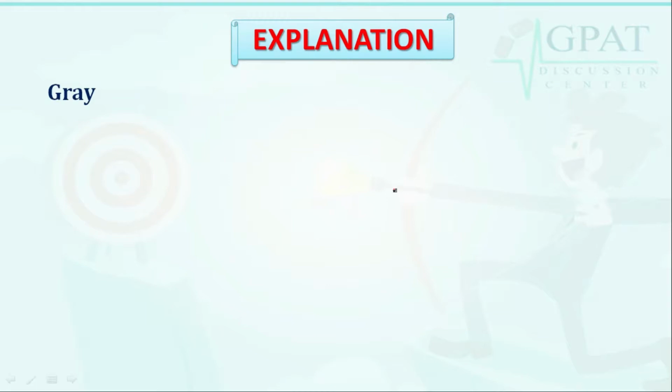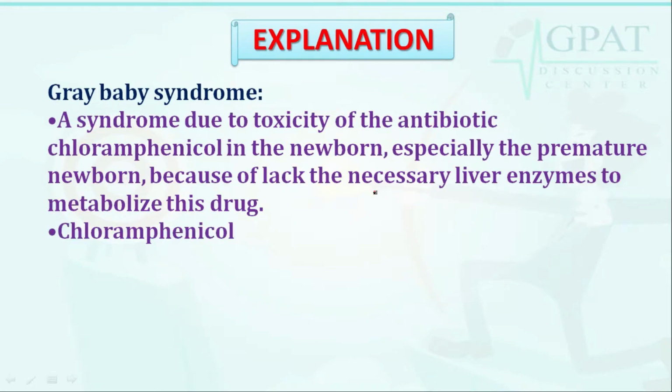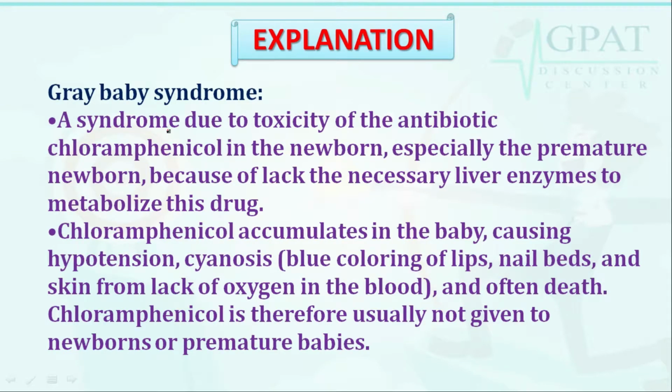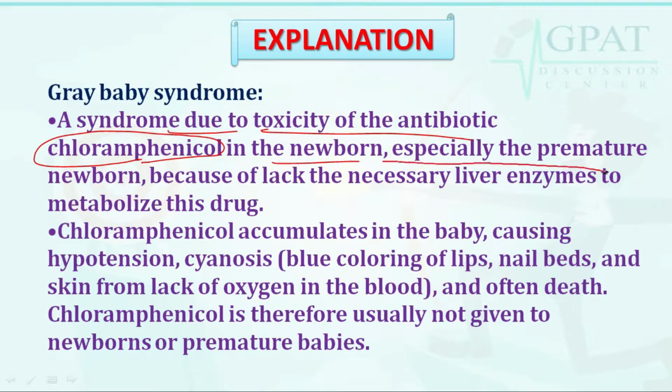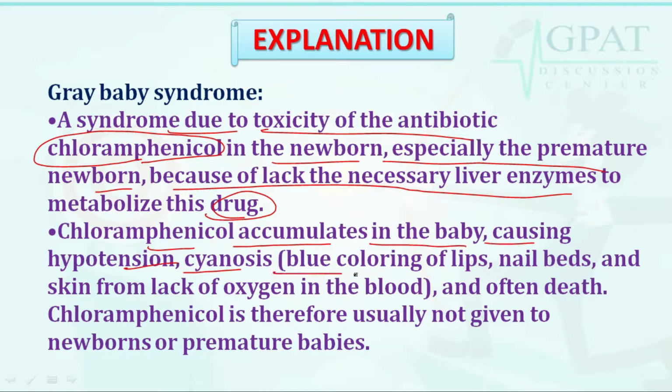Let's discuss what gray baby syndrome actually is. It is a syndrome due to toxicity of the antibiotic chloramphenicol in the newborn, especially the premature newborn, because of the lack of the necessary liver enzymes to metabolize this drug. Chloramphenicol accumulates in the baby, causing hypotension, cyanosis, meaning blue coloring of the lips, nail beds and skin from lack of oxygen in the blood, and often death.